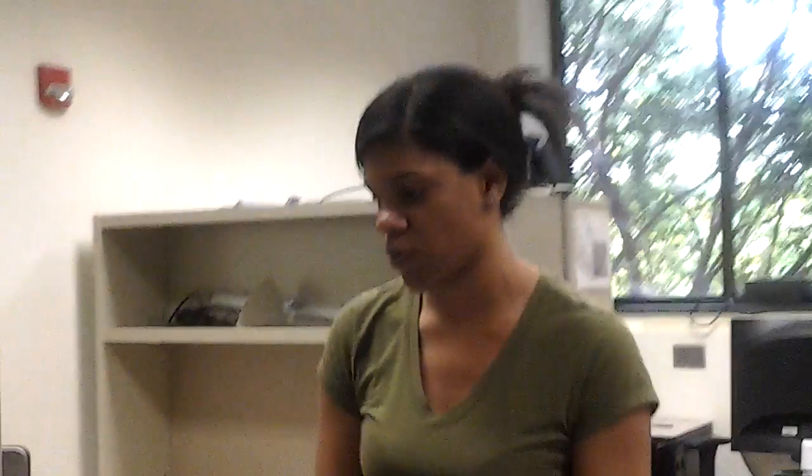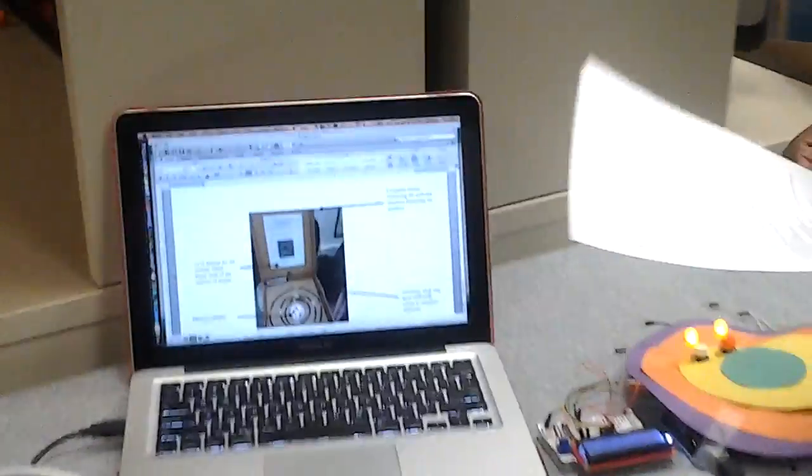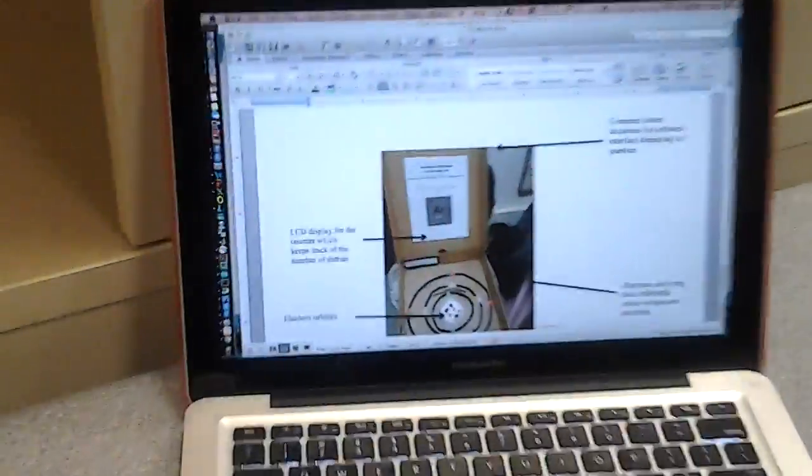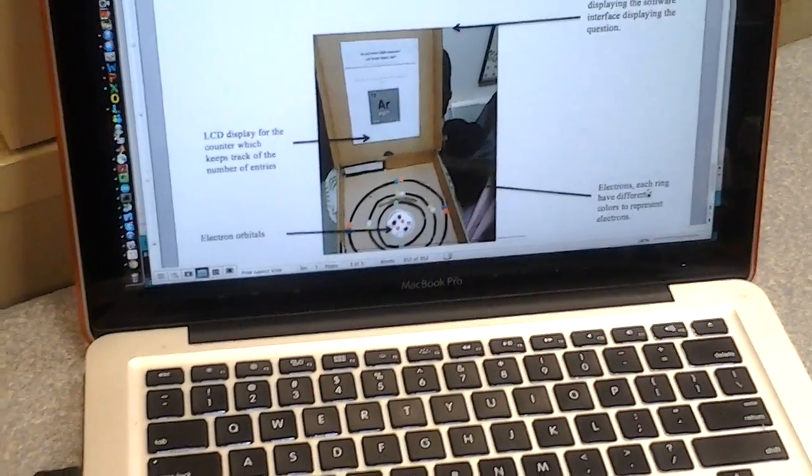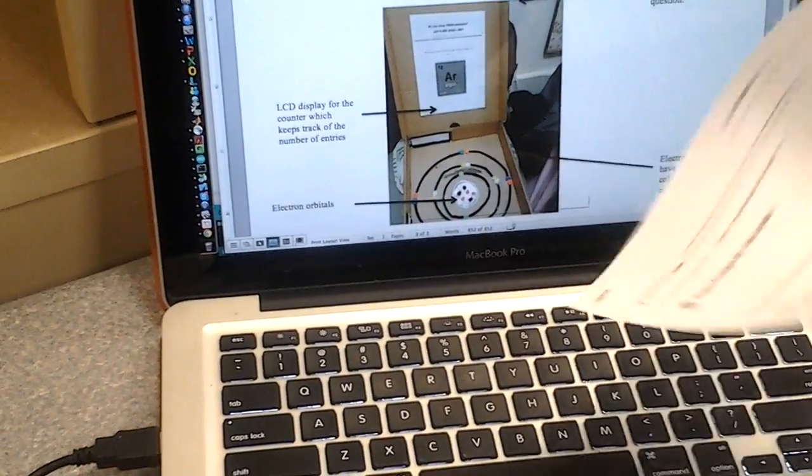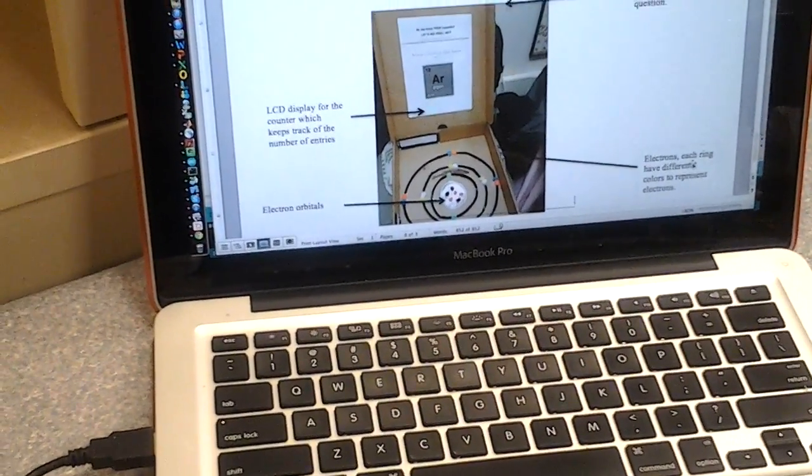The user would answer by tapping on the hardware interface how many electrons or protons are in the element. However, there were a few difficulties with that prototype design, and we'll get to that in a minute.